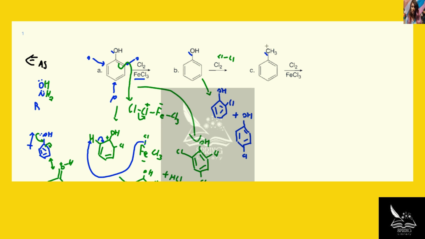R groups donate electron density through inductive stabilization, because the chlorine and hydrogens all have electron clouds around them, and those electron clouds can be shared with the benzene ring. So this makes the benzene ring a slightly better nucleophile than benzene alone. However, it's a lot weaker than these derived benzene rings that can have a full negative charge inside the ring.